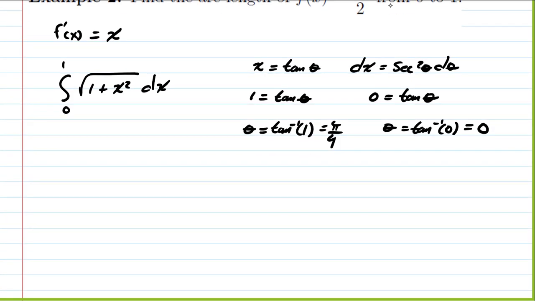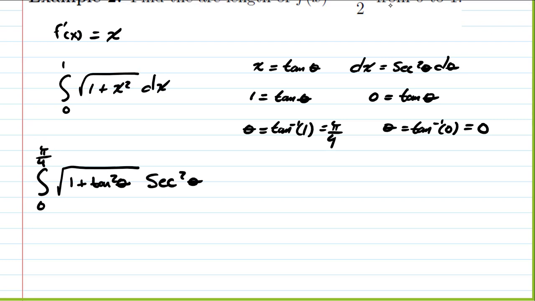So our new integral is the integral from 0 to pi divided by 4 of the square root of 1 plus tangent squared theta times dx, which is secant squared theta d theta. So 1 plus tangent squared is the same as secant squared theta.